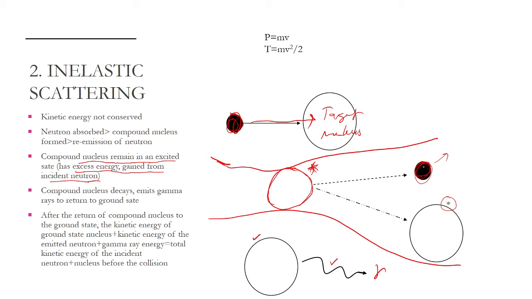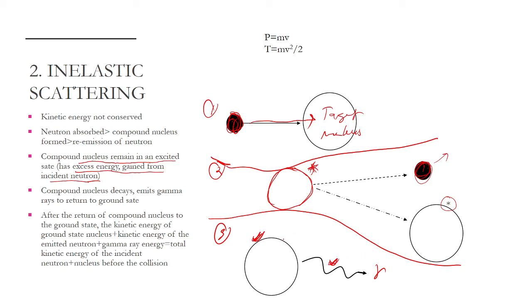This neutron is the newly born neutron, and this is the incident neutron. So they are not the same neutron. And at the final stage, the third stage, you have the ground state nucleus and the gamma ray.